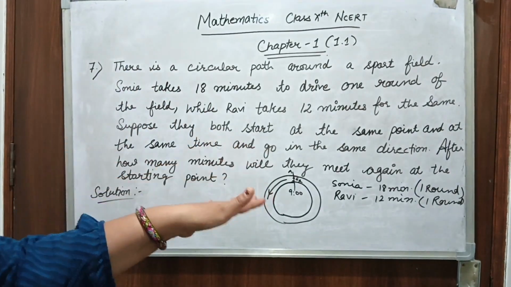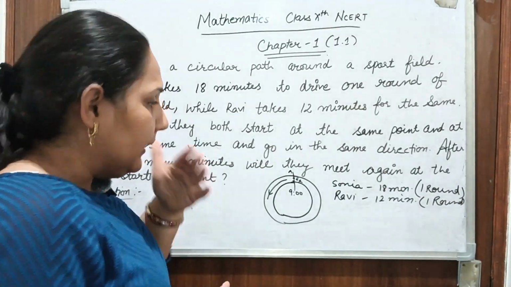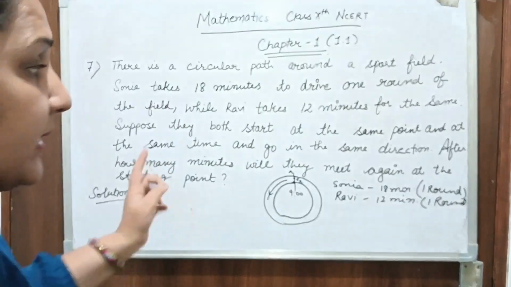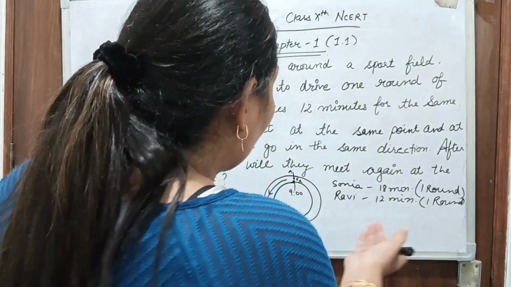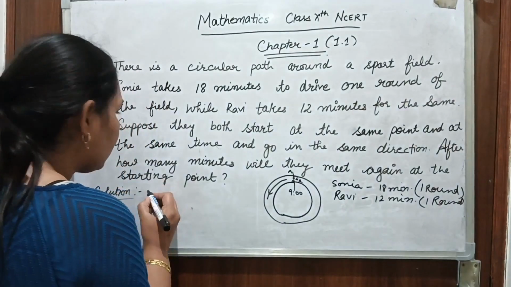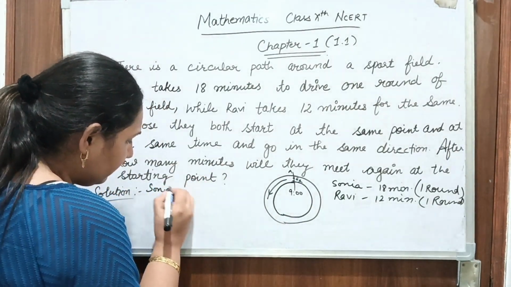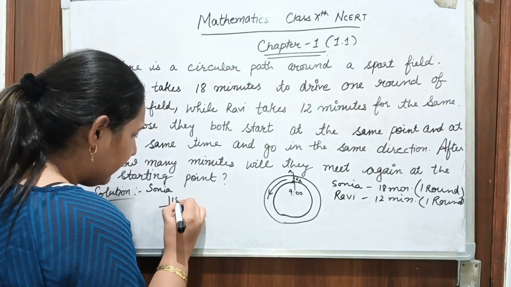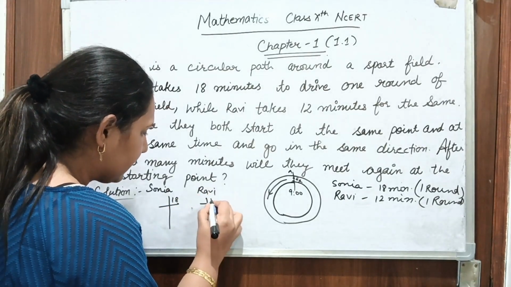After how many minutes will they meet again at the starting point A? To find this, we will get the LCM of both Sonia's and Ravi's times. For Sonia, the timing is 18, and for Ravi, it is 12 minutes.